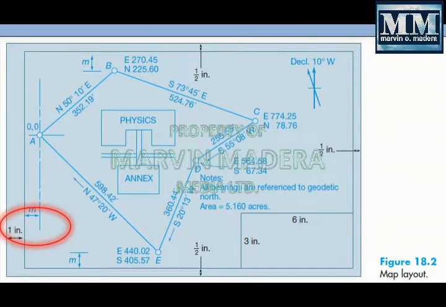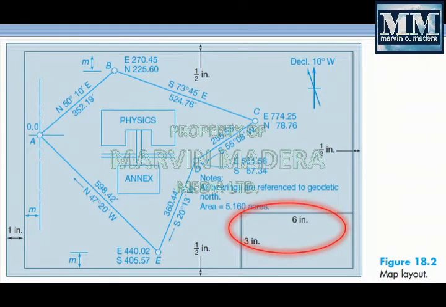We can have the margin at 1 inch at the left side, and the top side we have 1/2 inch, and for the right side margin we can have 1/2 inch also, and for the bottom margin we can have 1/2 inch. And for the space of the map title, we can have this 3 by 6 inches dimension at the side of the map, which will not interfere with the visual center of the map. Also take note of that as a caution.